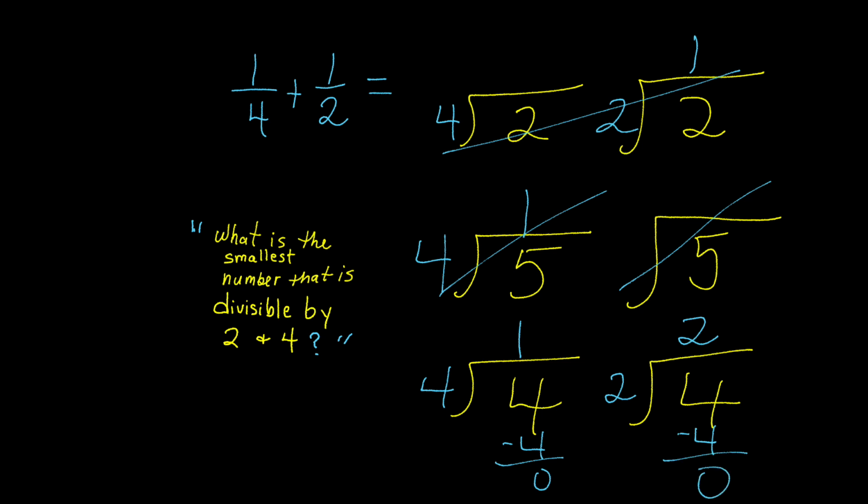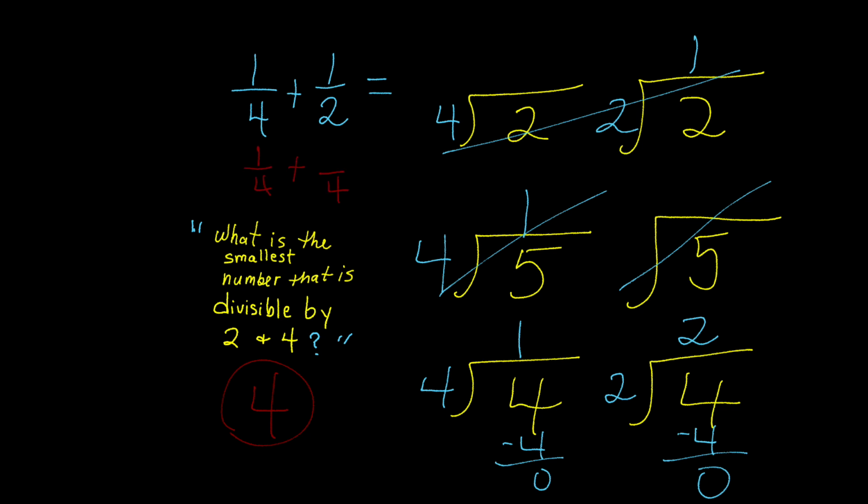Therefore, the answer to this question, what is the smallest number that is divisible by both, is 4, because the number 4 is divisible by both 2 and 4. So 4 is the least common denominator.